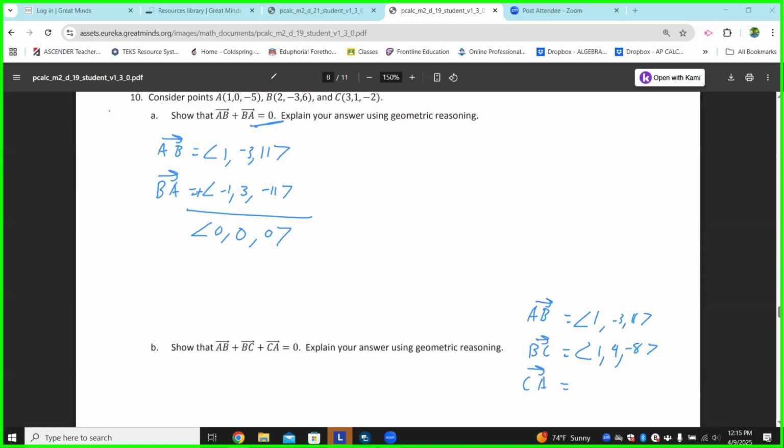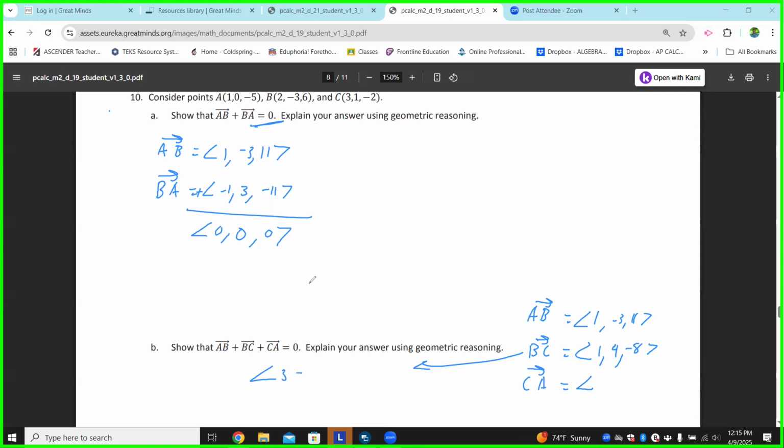So now I'm going to do A from C. So now it's 1 minus 3. So on BC, I'm going to take my C answer.